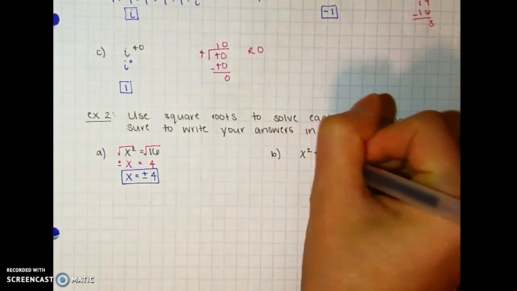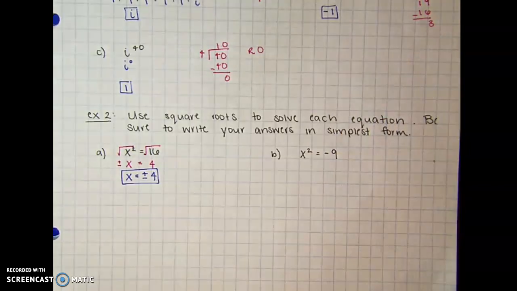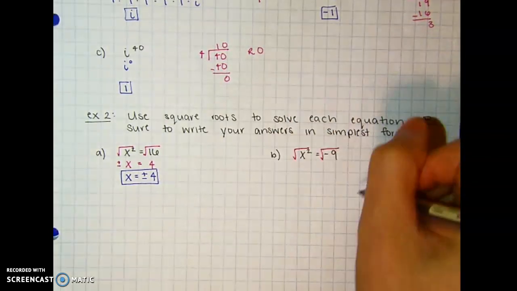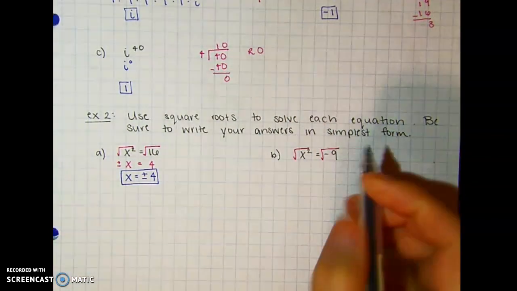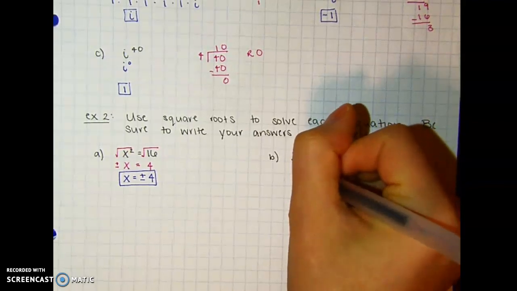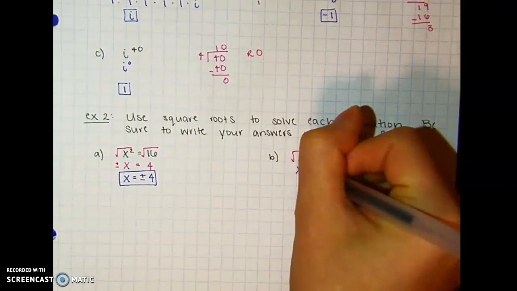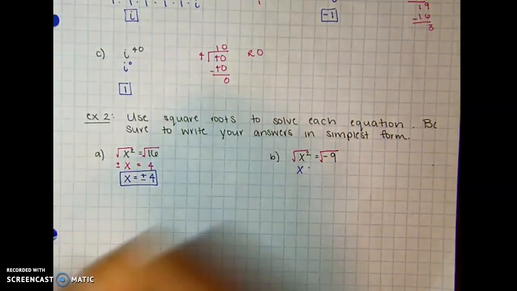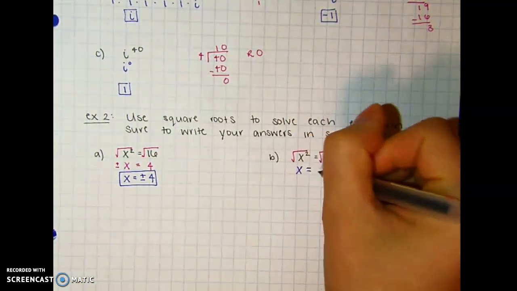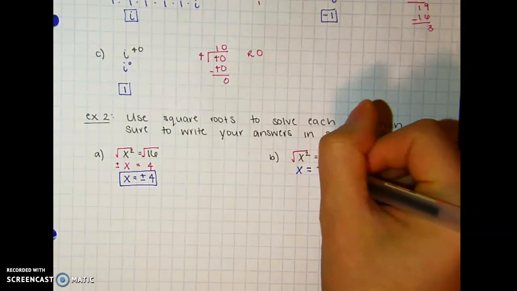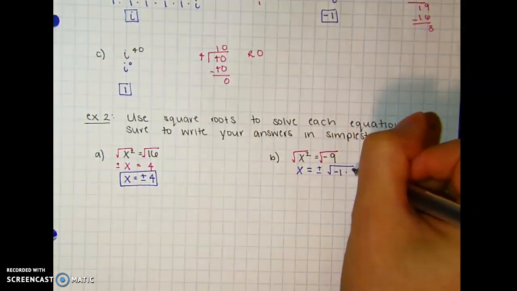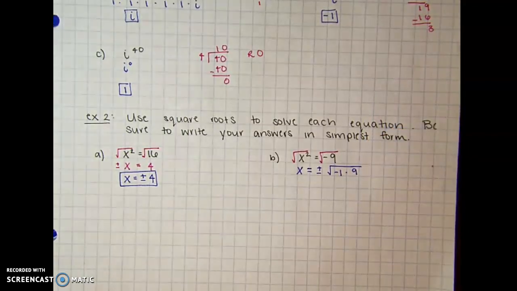Okay, let's do a problem with imaginary numbers. x squared equals negative 9. You used to not simplify this anymore. You would do this and then go, no real solution. But now you know about imaginary numbers. So x is equal to plus or minus, and then inside our radical we have a negative 1 times 9, is how we can think about it.